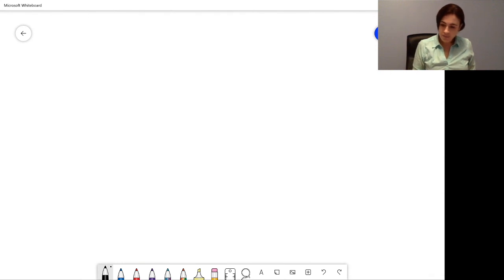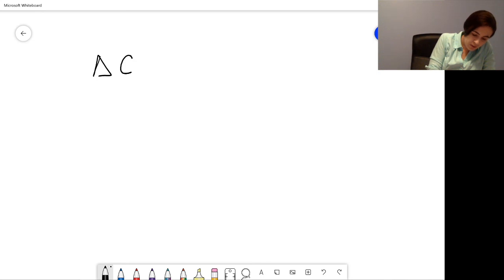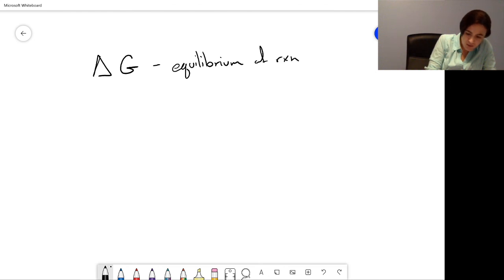All right, so again, delta G tells you about the equilibrium of the reaction, whether or not it's going to be reactant favored or product favored.